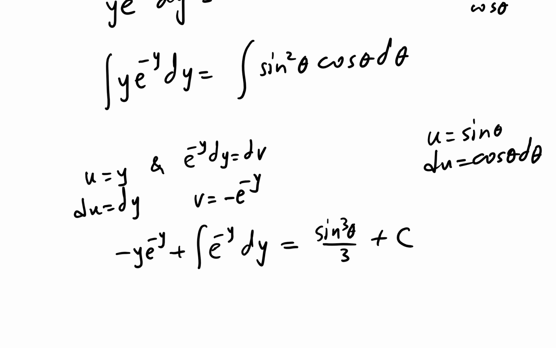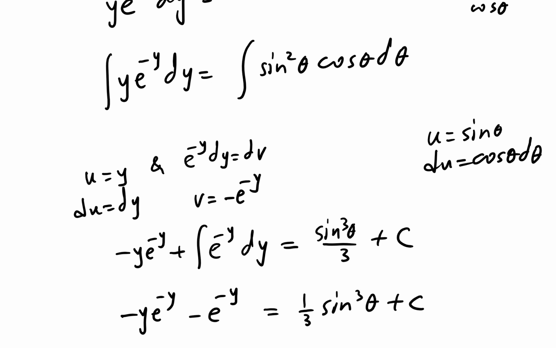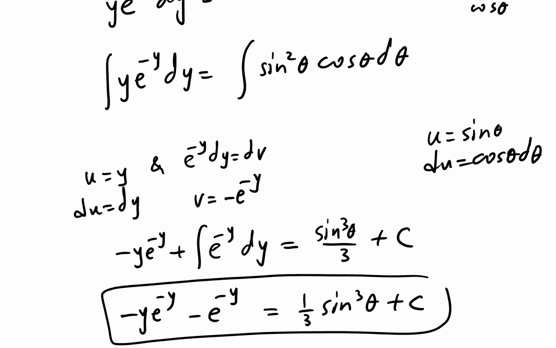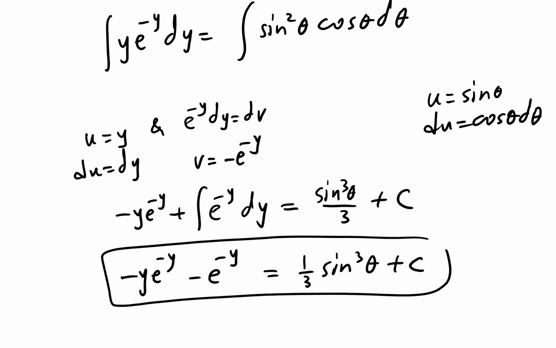We can finish this by integrating this one once again and keep the other side the same. Notice how difficult it is to solve for y there on the left side. But at least we used integration by parts.